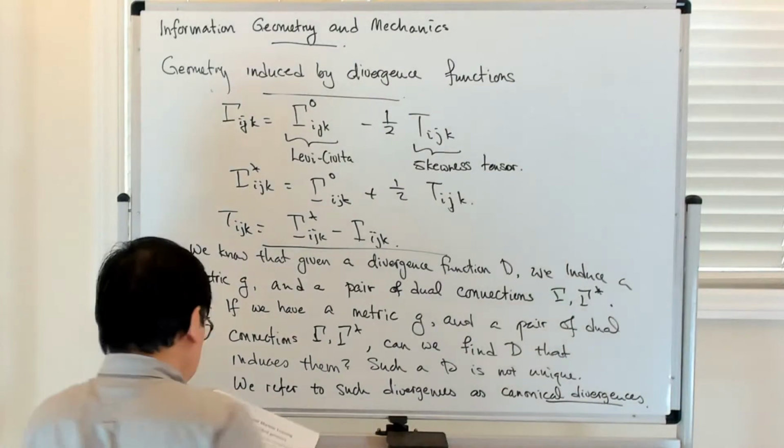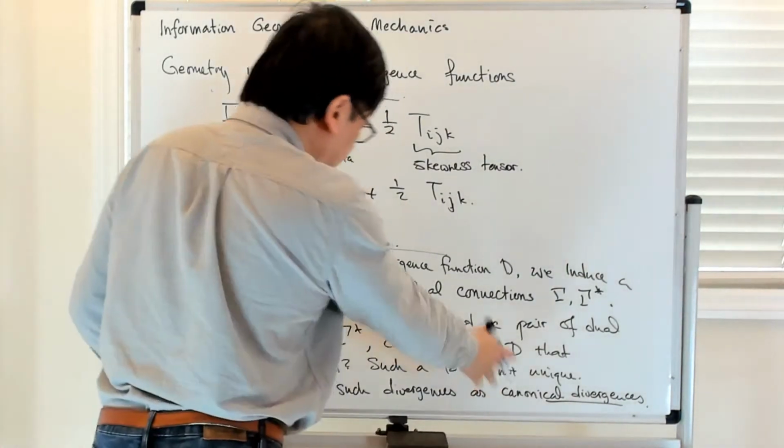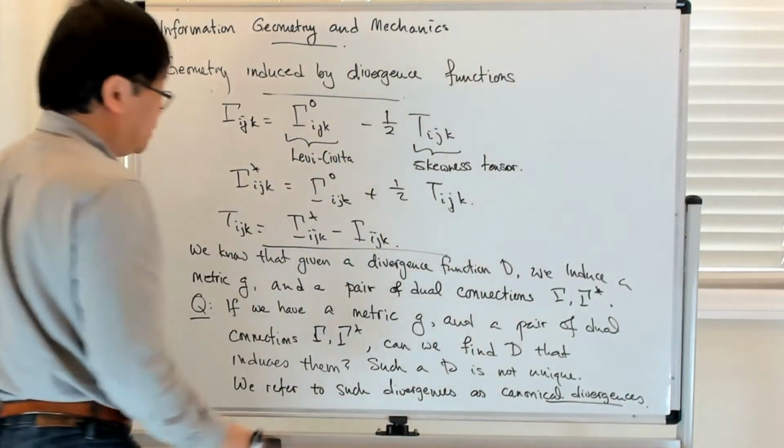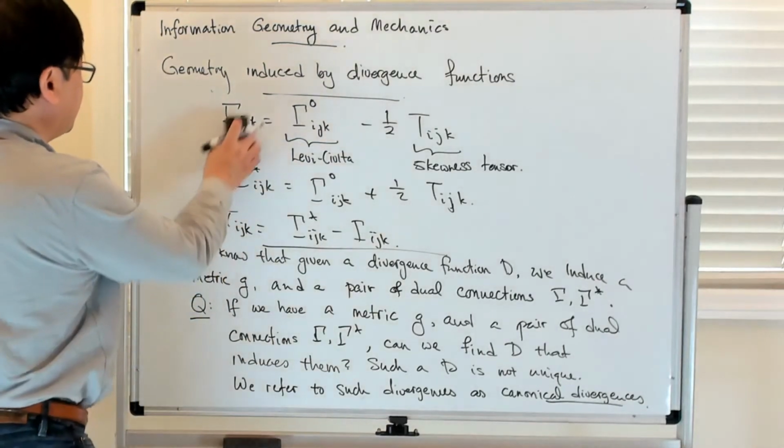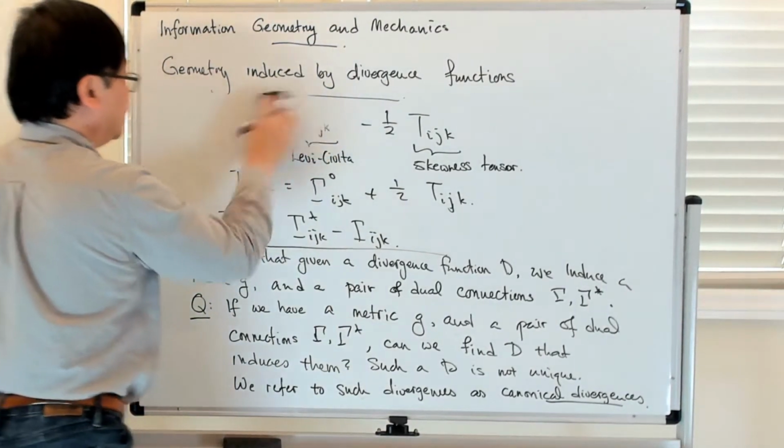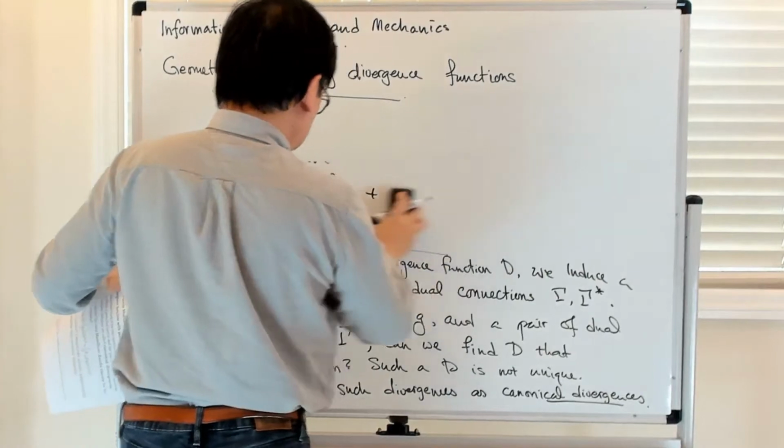Okay. So what is one possible way of constructing a canonical divergence? This is where I'm going to start connecting things to mechanics.